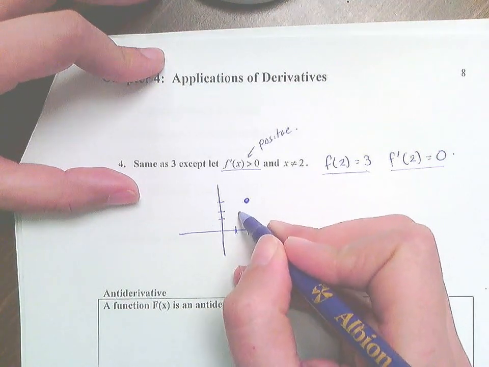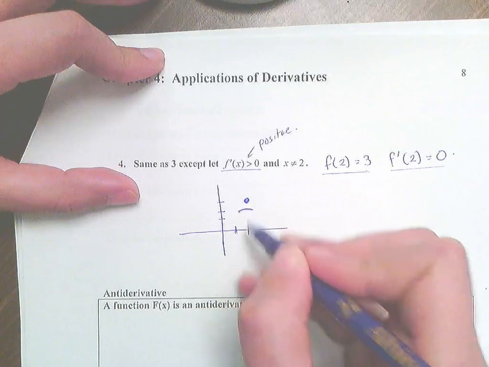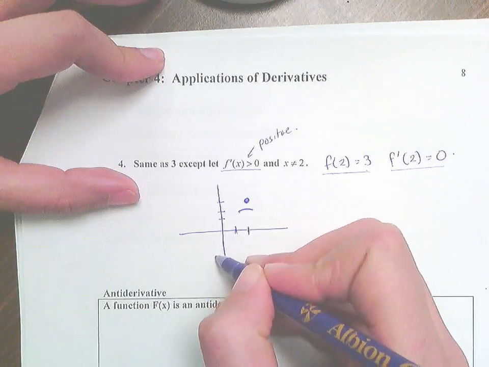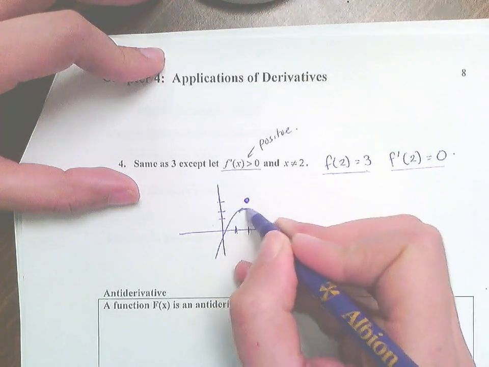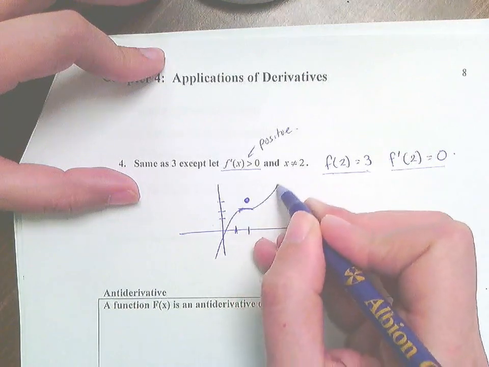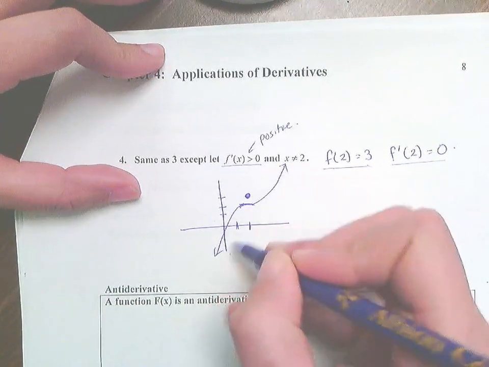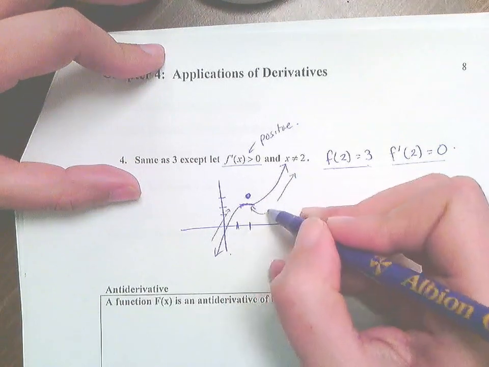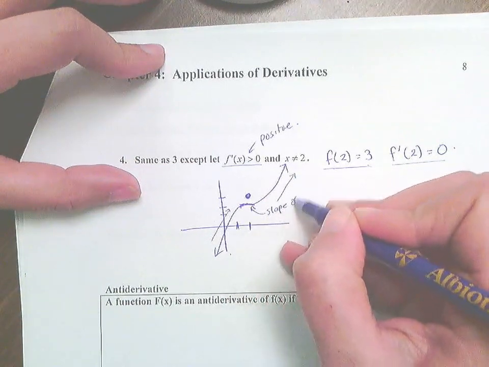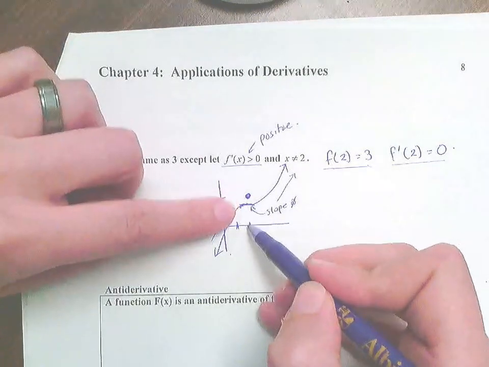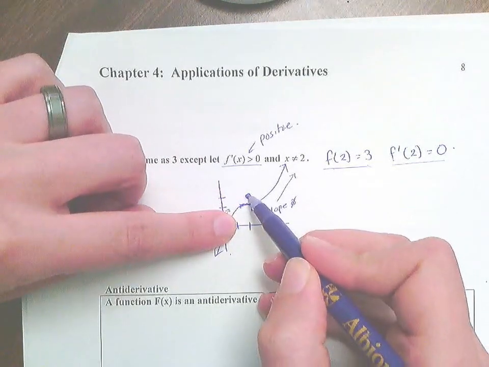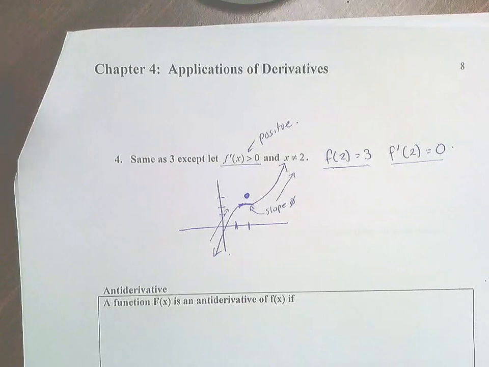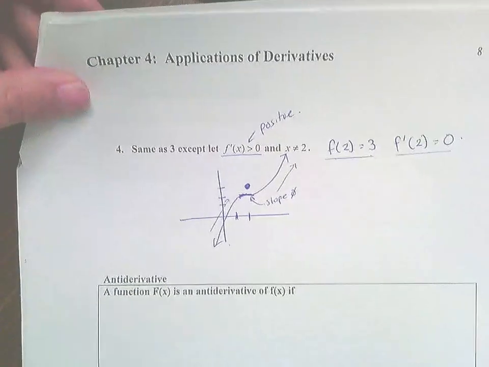The slope at 2 is going to be 0, except here the slope is positive, this is 0, and then it continues on to be positive. Because it's positive, positive, but the slope here is 0, except that it's not at the point that was given. That's how I read it. So we'll keep it like that.